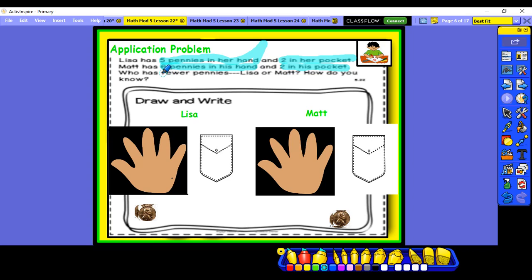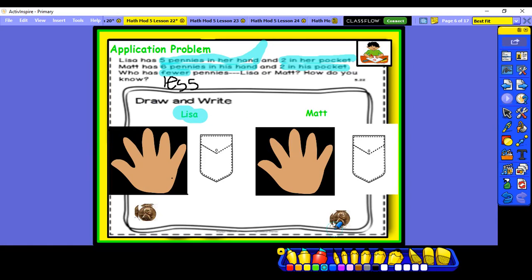Fewer is an important word in our question. Remember, fewer means less. They want to know who has less, Matt or Lisa.